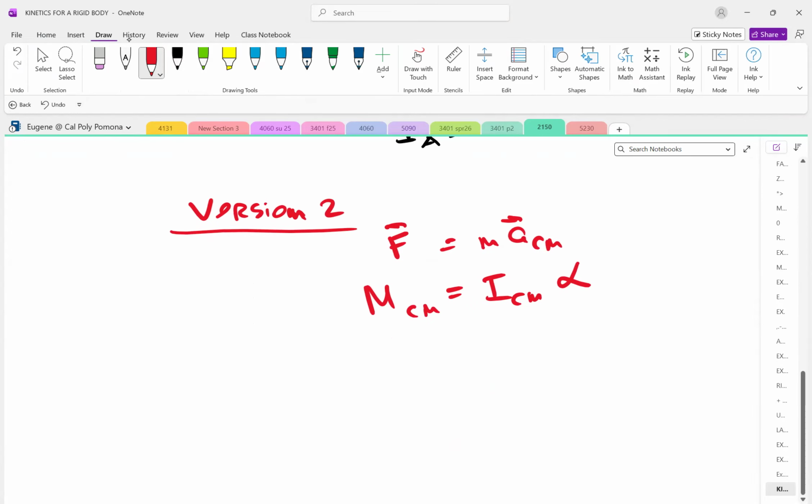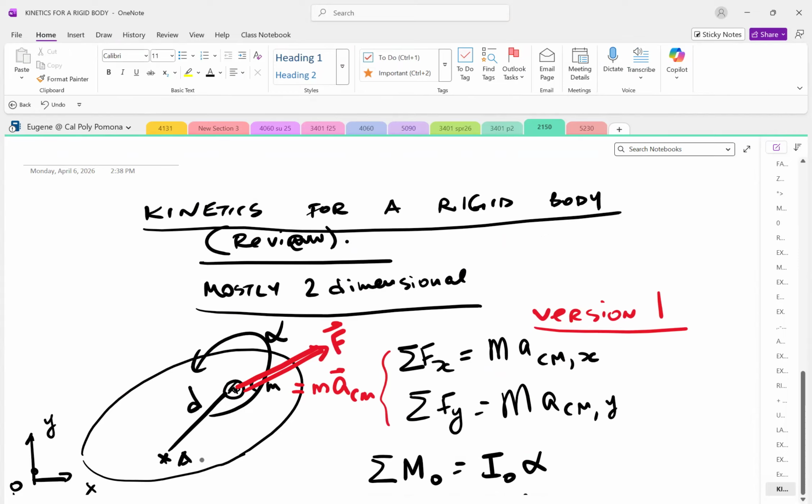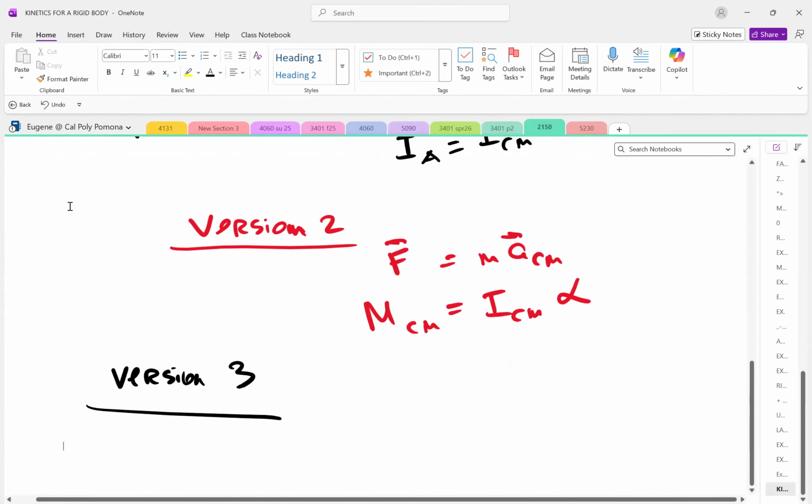Usually our textbook offers some artificially constructed problems which require version 3. Version 3 addresses only the moment equation. What it does is look at your statics background. Let's draw another picture so you'll see it there.